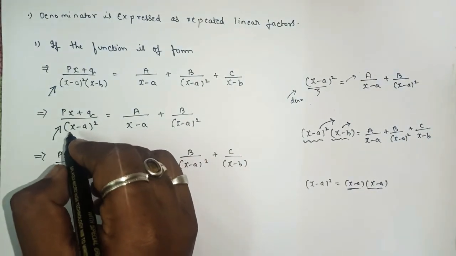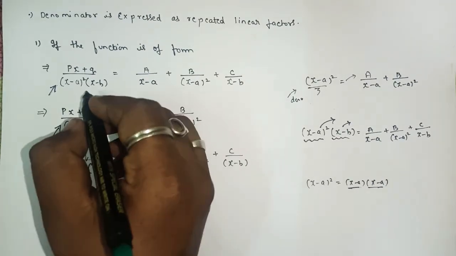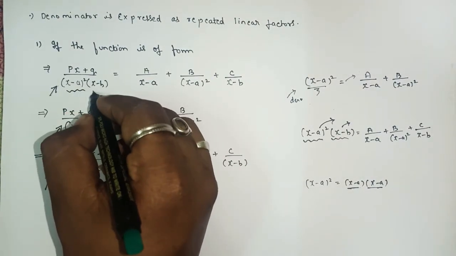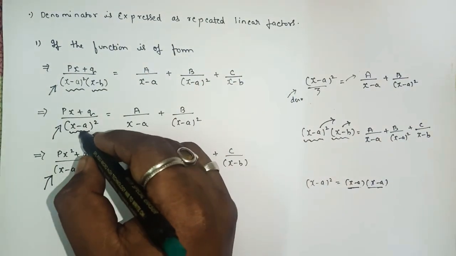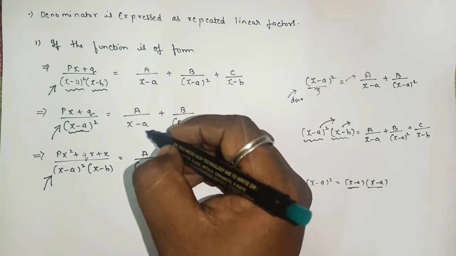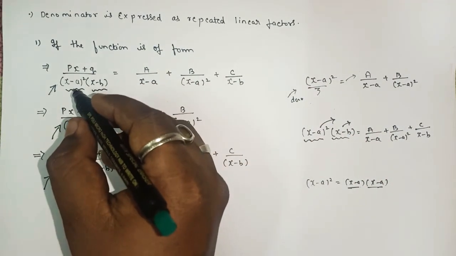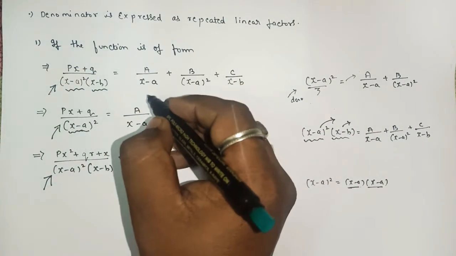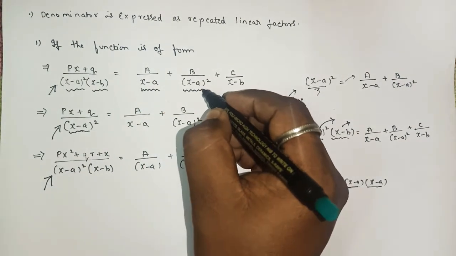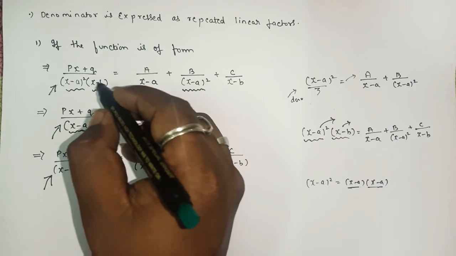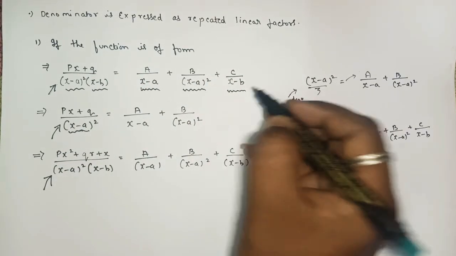Suppose here we have one more linear factor. We know that x minus a the whole square can be written as A upon x minus a plus B upon x minus a the whole square. So here also x minus a the whole square can be written as A upon x minus a plus B upon x minus a the whole square, and here we have one more linear factor, so it can be written as C upon x minus b.